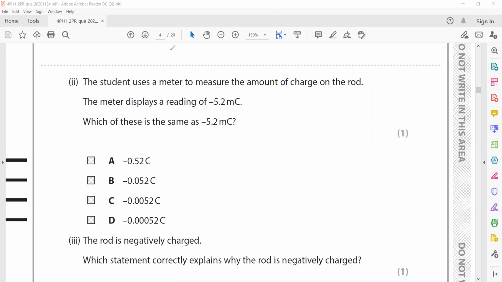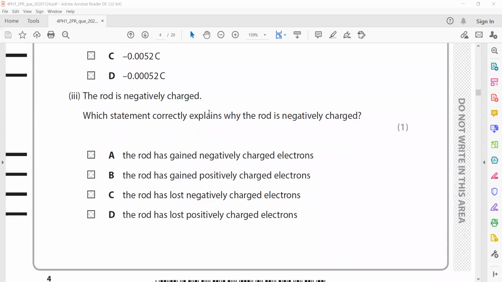Which statement correctly explains why the rod is negatively charged? Because when a substance gains electrons, it will get a negative charge, and if the substance loses electrons, it will get a positive charge. So because it is negatively charged, it has gained electrons, so that's why the net charge is negative.